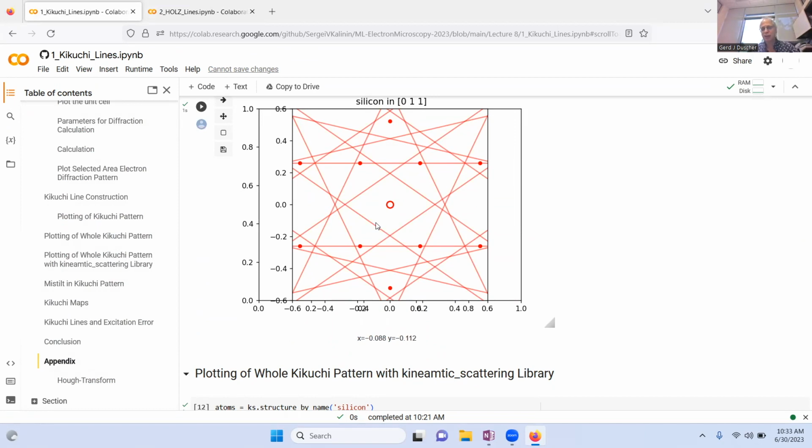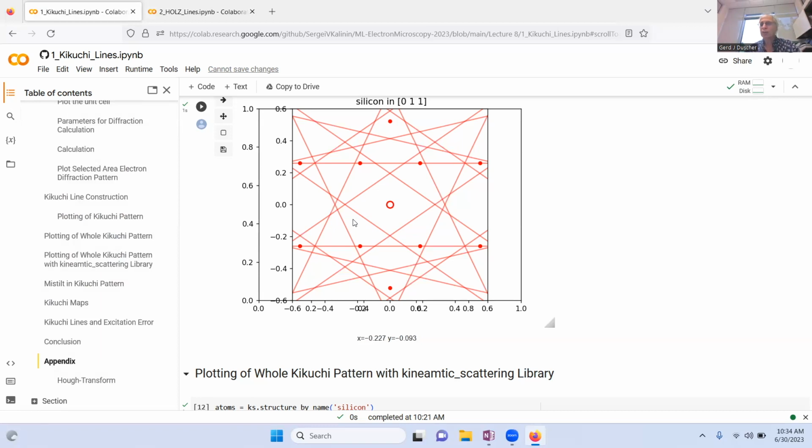Now, if that reminds you of something, that's exactly what I want you to do, because if we have this Bragg peak here in polar coordinates, then we have the distance from the origin to the Bragg peak, and half of that is where we have our Kikuchi line. And if we have the angle, the 9 degrees to it, that is where we have our Kikuchi line.